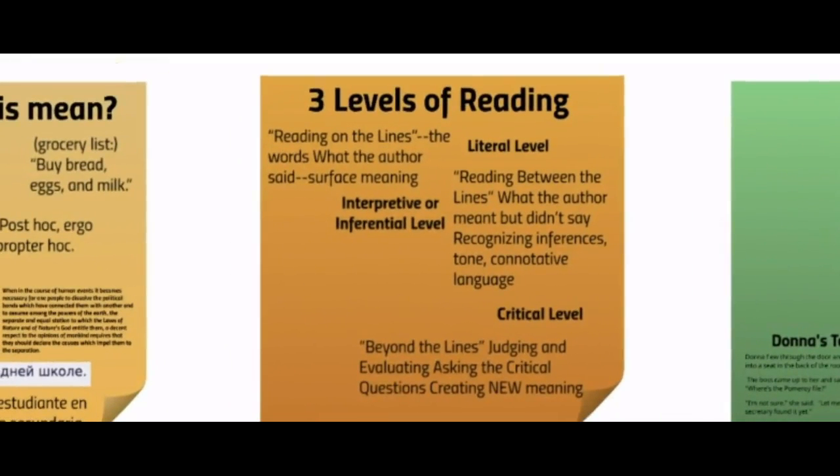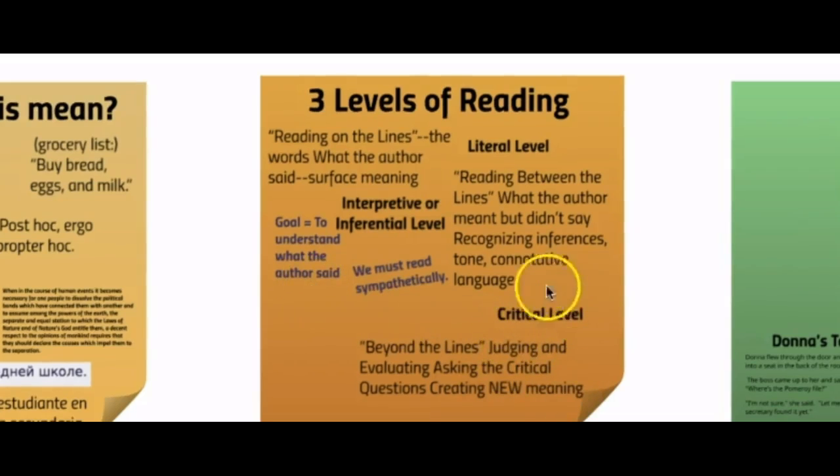So let me go back to this and fill this in for you. When we read interpretively, which is how we did with the first questions about Mr. Headley, we read sympathetically. We try to understand what the author is trying to tell us. We try to get what the author said.